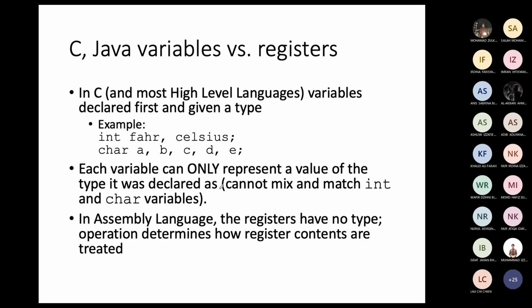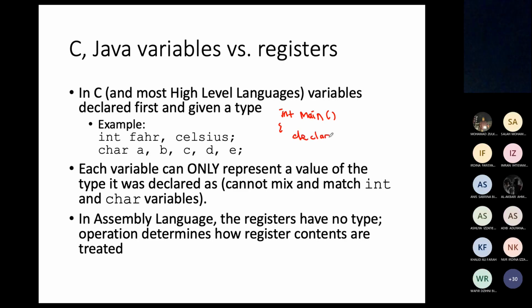So in C, Java, variables versus the registers. In C and most high-level languages, variables are declared first. After the int main, bracket and open curly bracket, here is the declaration, right?